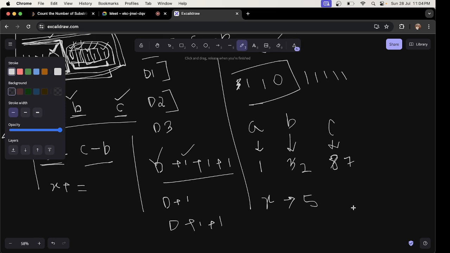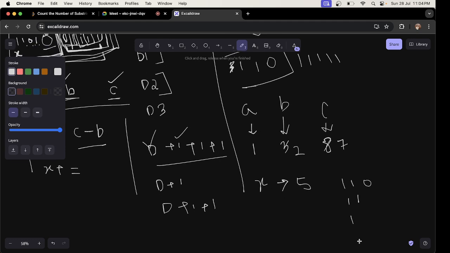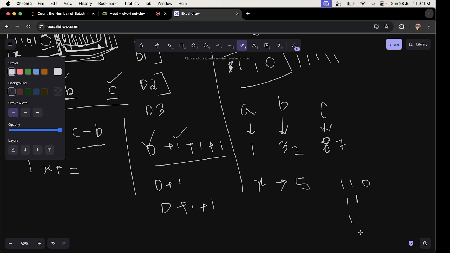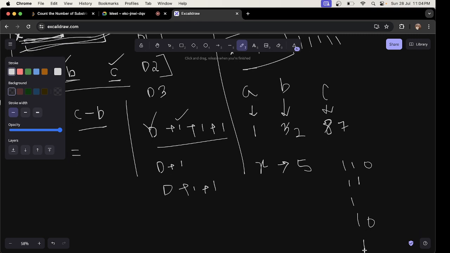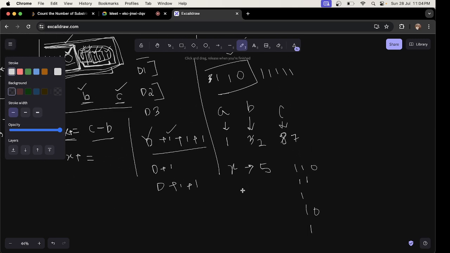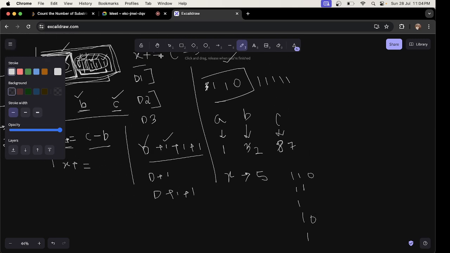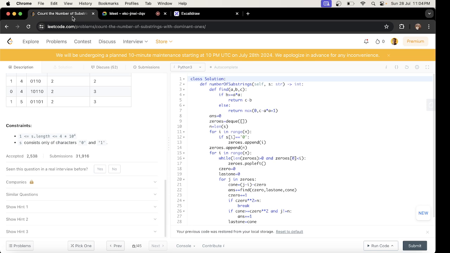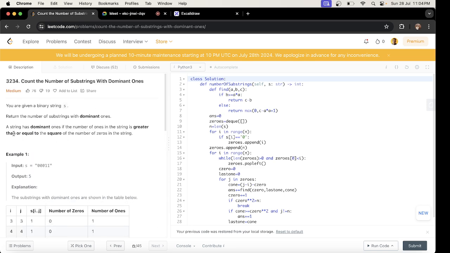So let's write the substrings: 1 1 0, 1 1 1. Then if I start from the second one, it will have 1 0 and it will have 1. Correct. 1 0 is dominant, right? 1 squared is 1, which is greater than or equal to.